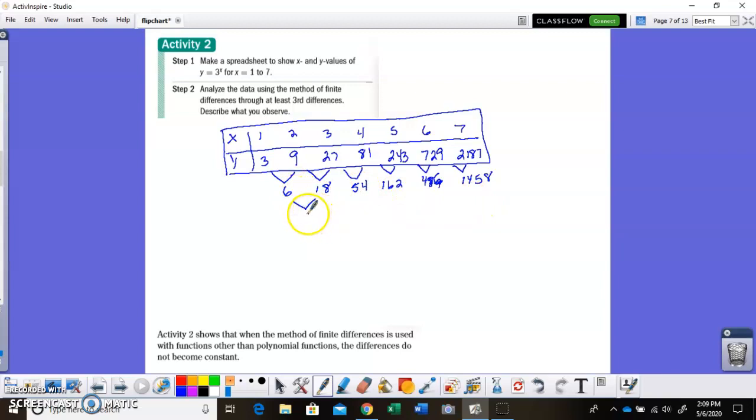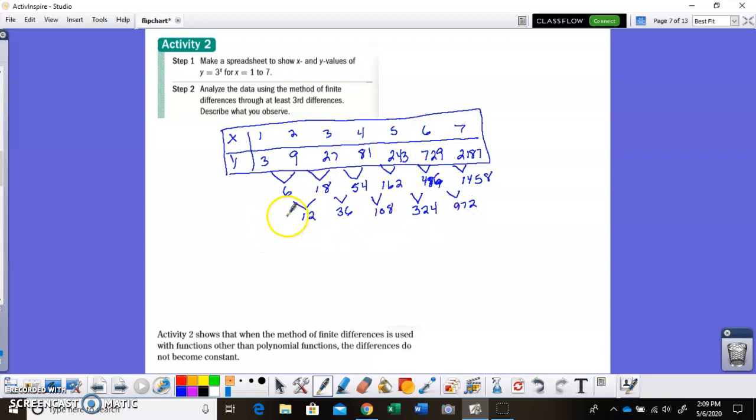So 18 minus 6 is going to get us 12. 54 minus 18 is going to get us 36. 162 minus 54 is going to get us 108. 486 minus 162 is 324. 1,458 minus 486 will get us 972.